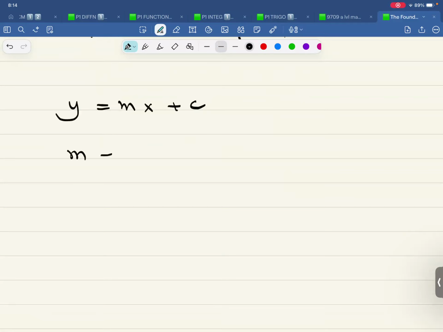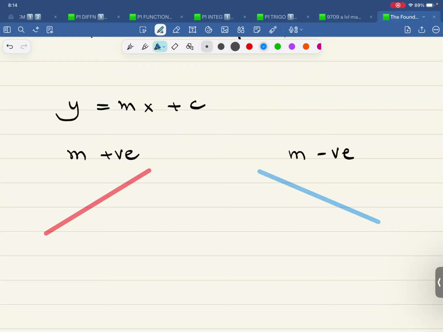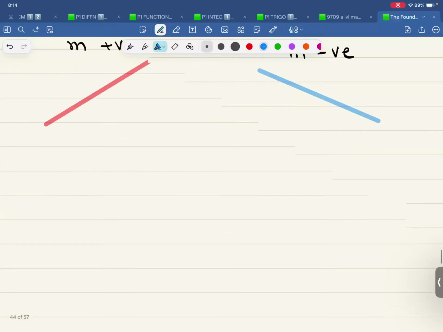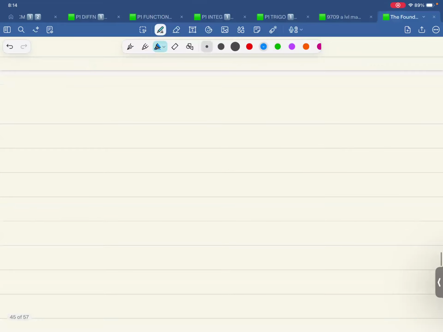If m is positive and if m is negative, so now if m is positive, the line goes like this. If m is negative, the line goes like this. Okay. So now there are four possible graphs that I can make. So let me draw four grids over here.